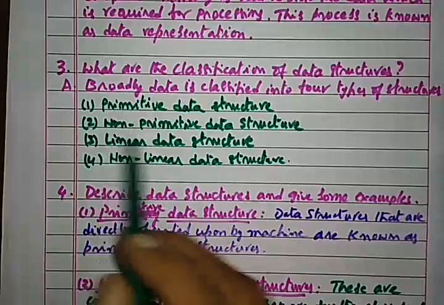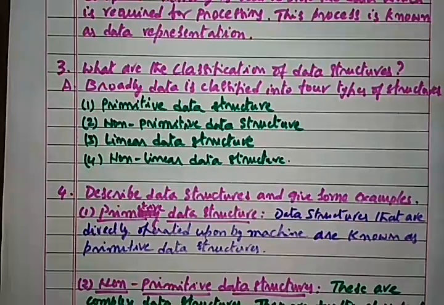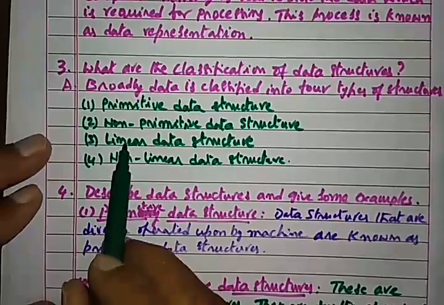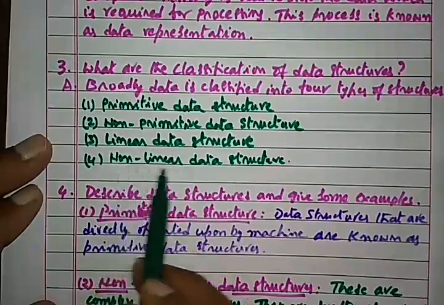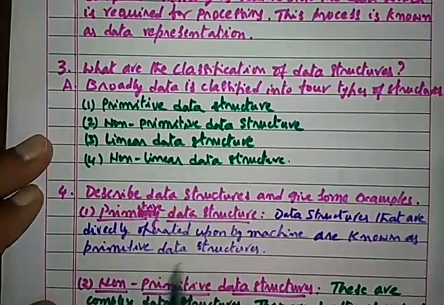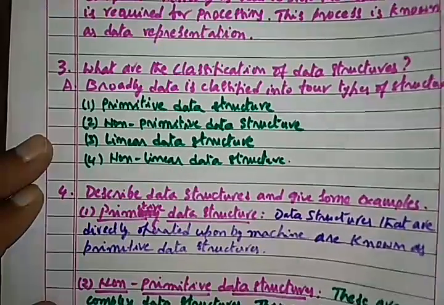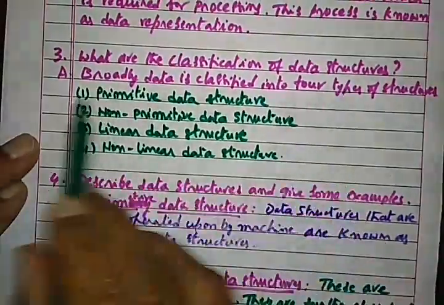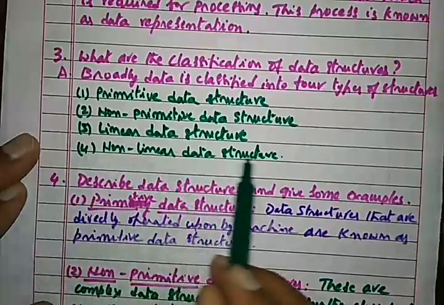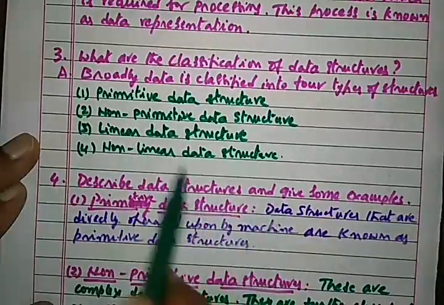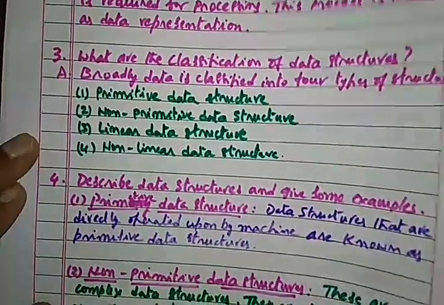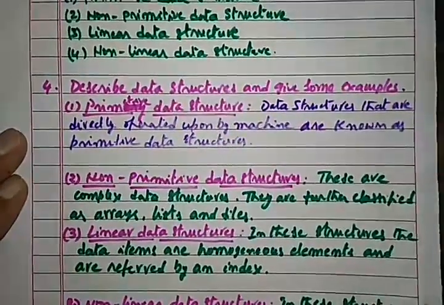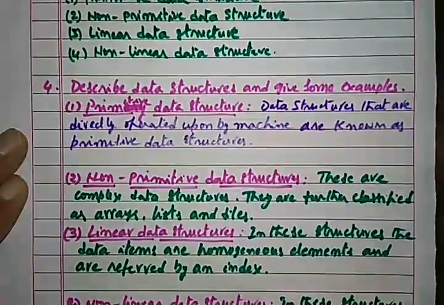Primitive, non-primitive is the basic classification, and this is very specific. Linear, non-linear, you will try to understand when you go into the detailed definition. So when you ask this kind of question, you just have to give this depending upon the marks. Okay, then we will go to the next question.